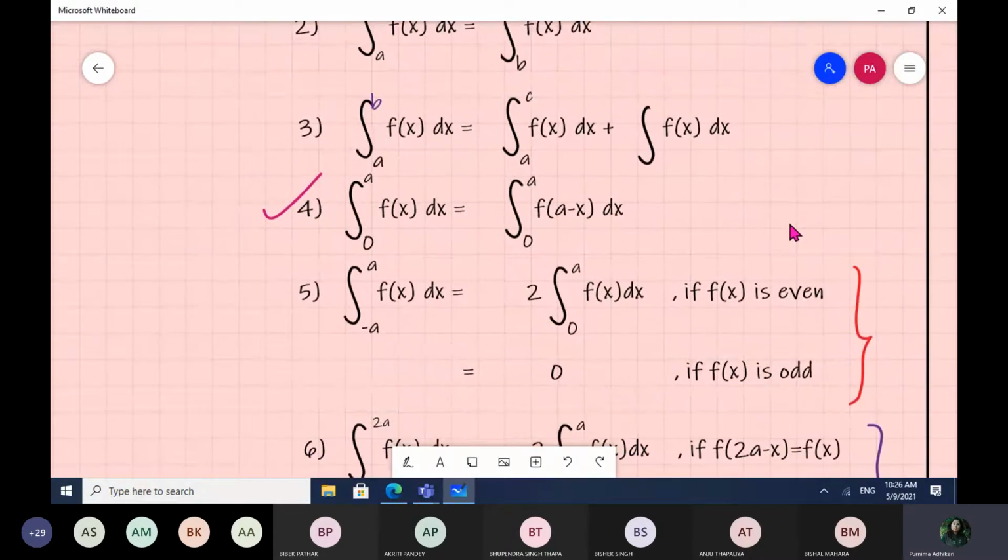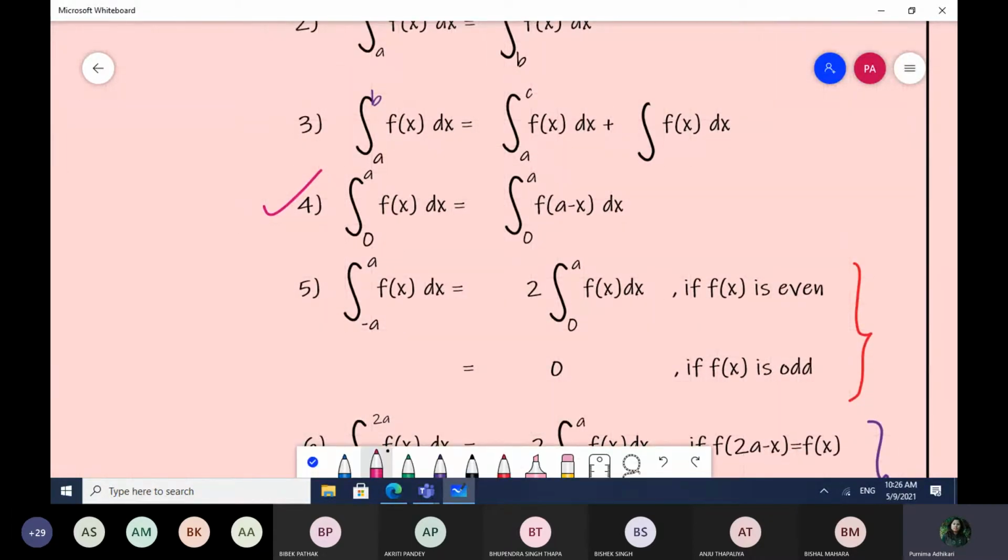Let's look at this property number 4. What does it say? Let me remind you because we are going to use it a lot today. According to this property, if your lower limit is 0 and upper limit is any constant a, integral of f of x dx, then the value of this integral will be equal to the value of the integral where your limits of integration are the same, again 0.